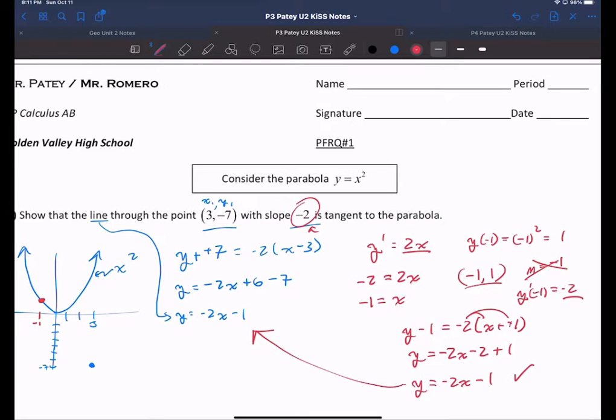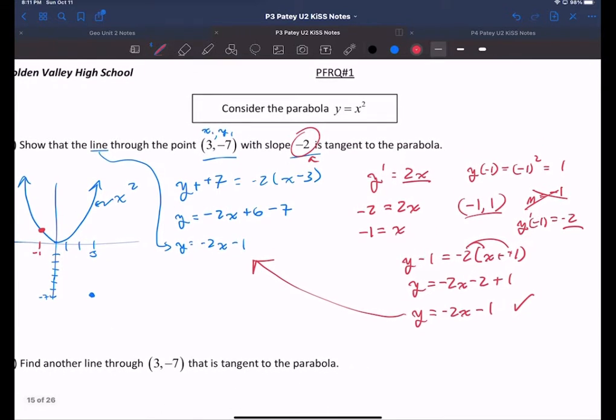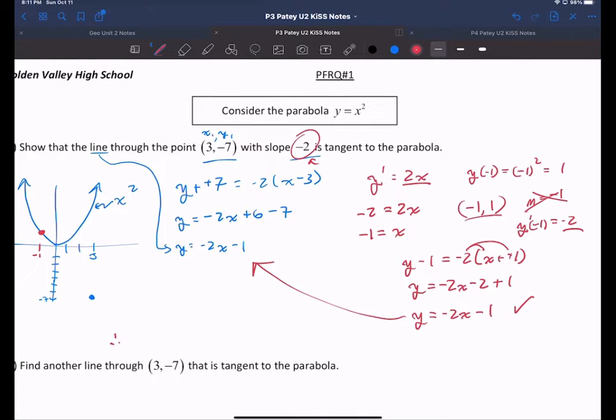Which matches this guy. So now you can say, because they match, therefore the line through (3, -7) is tangent to x squared.